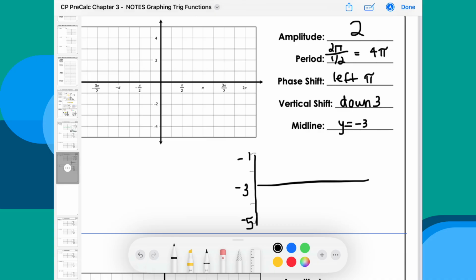All right, so let's graph our normal one, and then we'll shift it horizontally. So we know that we have a period length of 4 pi. Halfway is 2 pi. Half of that is going to be pi, and in between these guys is 3 pi. We are graphing cosine this time. That means that we are starting at the top, going to the midline, going down, back to the midline, and to the top. So when we graph this, we're going to be like this. But we have a phase shift going on that says we need to go to the left, pi.